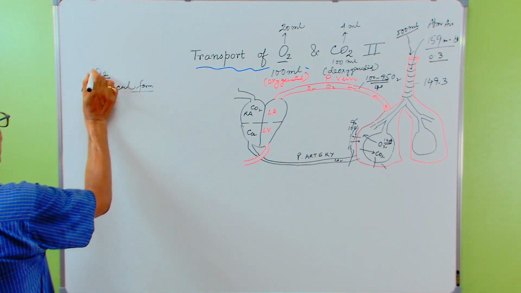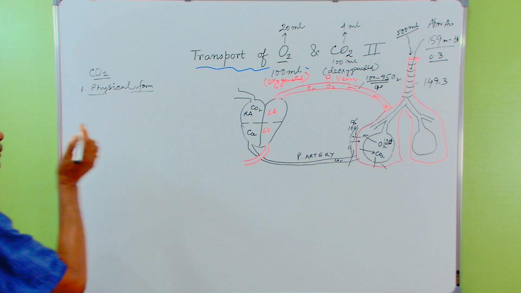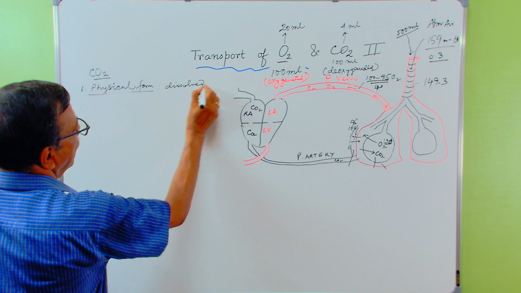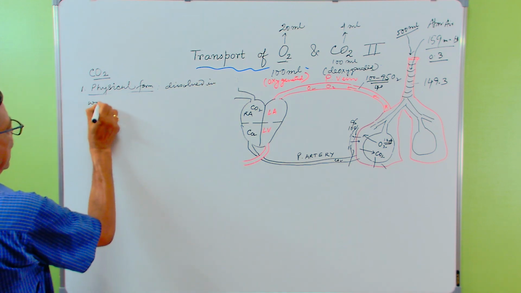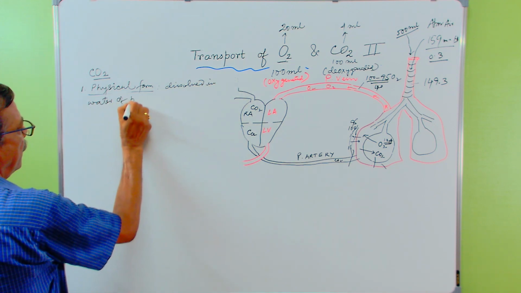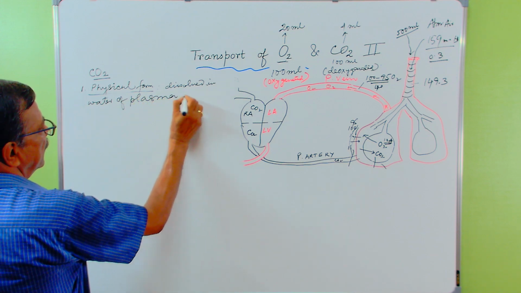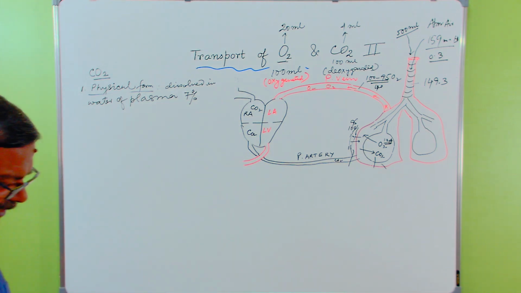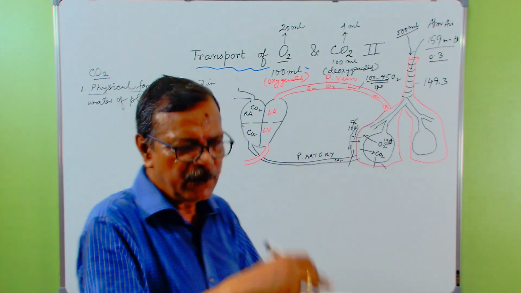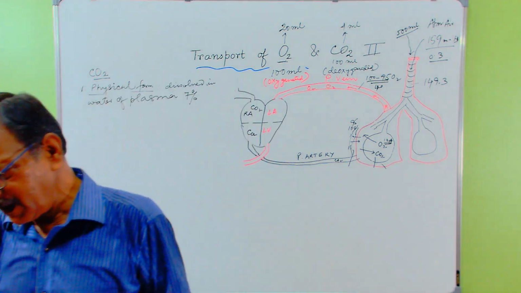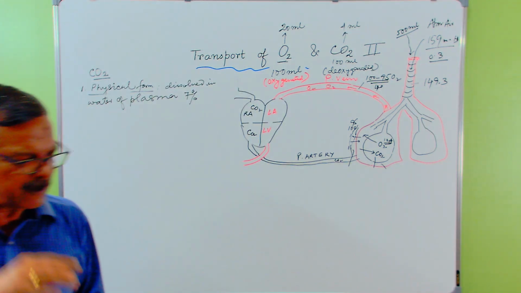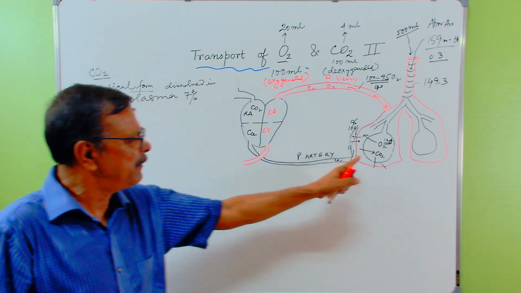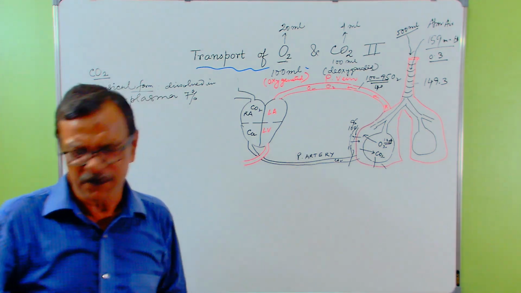CO2 is carried in physical form, dissolved in water or plasma. It is 7%. Some CO2 remains physically dissolved in plasma. This physical form is not that difficult, it remains in physical solution, and whenever it goes out, it goes by diffusion.